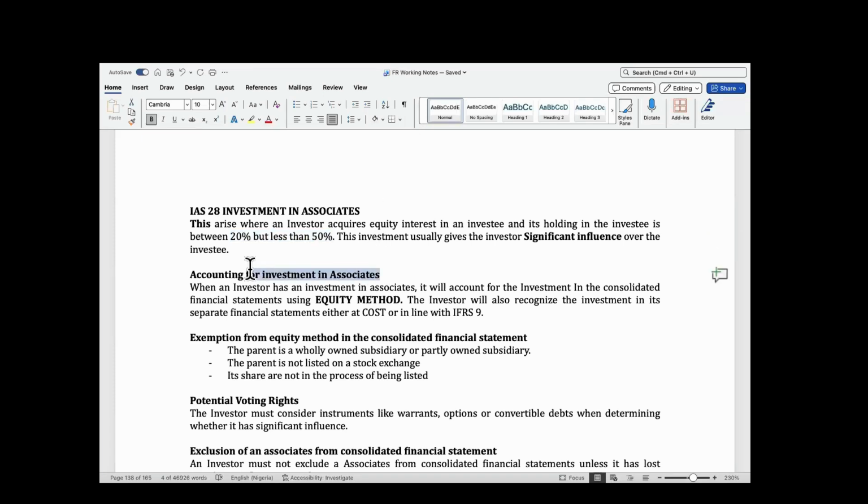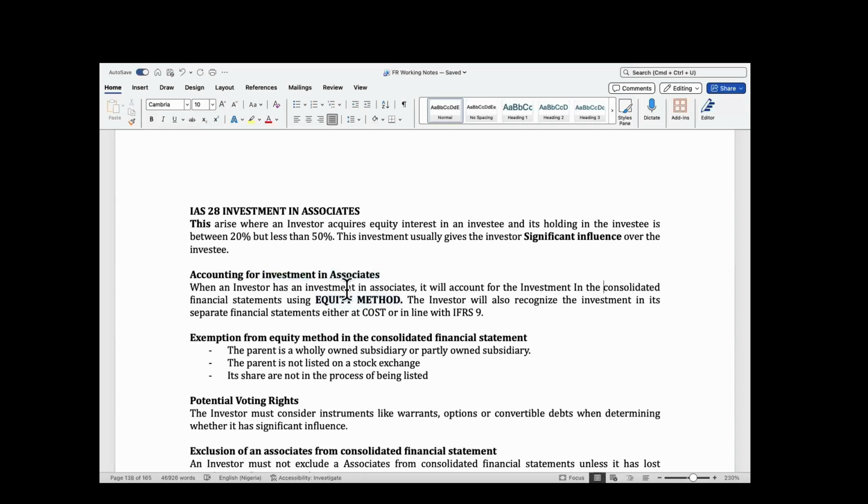Now, the focus is, how do you account for an investment in associate as a parent, right? So as an investor, where you have an investment in associates, you would usually account for that investment in your consolidated financial statements using the equity method.